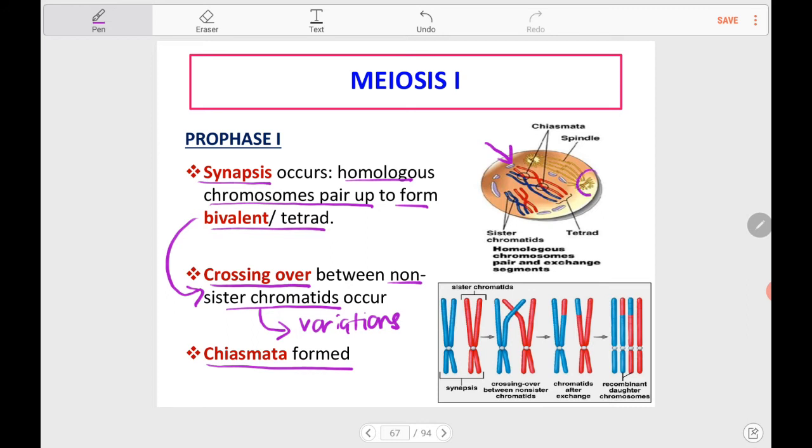The centrosome starts to migrate to the opposite pole and spindle fiber starts to lengthen. So these three processes sama antara prophase 1 dan juga prophase of mitosis. So the major difference is during prophase 1 ada synapsis, tetapi during prophase of mitosis there is no synapsis.